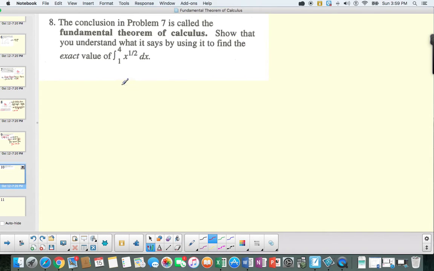All right, so I want to find the area from 1 to 4 of x to the 1/2 power dx. And so the conclusion of the fundamental theorem of calculus says if you can find the antiderivative, and we can, so this is going to be 2/3 x to the 3/2 power. Now check your work and make sure that when you take this derivative you get back to here.